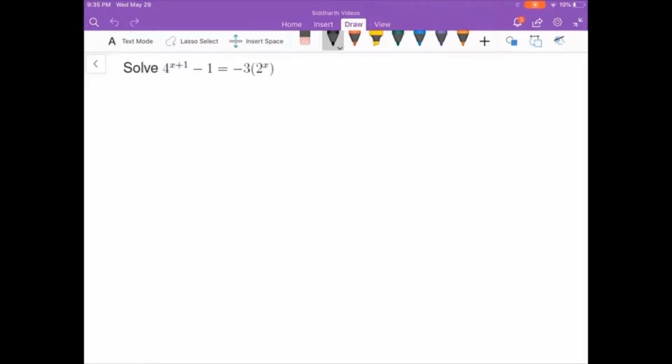In this question, we have to solve the equation for x. Looking at the first term on the right hand side, we can rewrite 4 to the power of x plus 1 as 2 to the power of 2x plus 2. We can now split the terms into 2 to the power of 2x into 4.